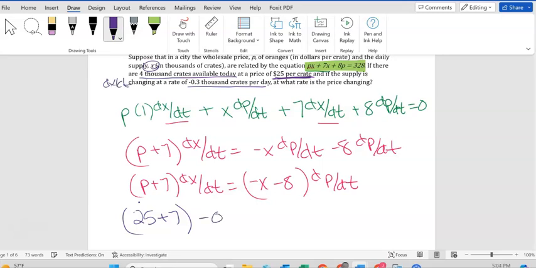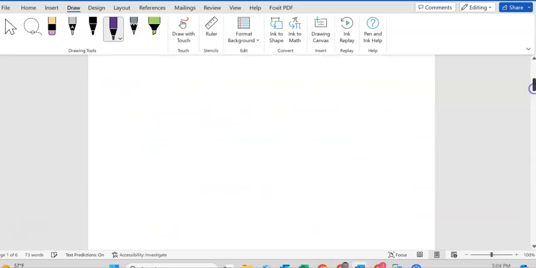So this is negative 0.3. And then over here, this is negative 4 minus 8, because x was 4. And then I don't know what dp/dt is. That's what I'm trying to solve for.